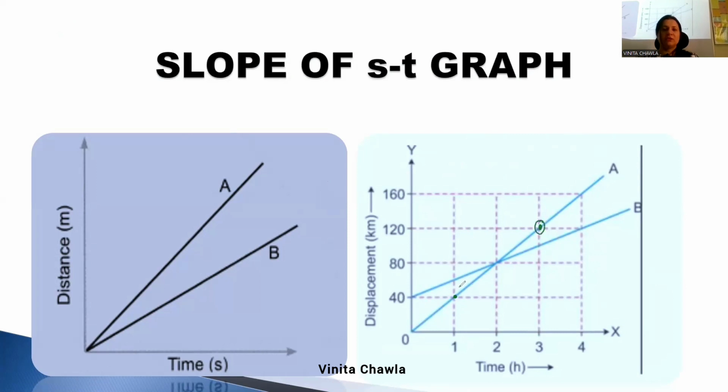Let's choose these 2 points. What are the coordinates of this point? First we write abscissa and then ordinate. It's 1 and 40. And the coordinates of this point? 3, 120.